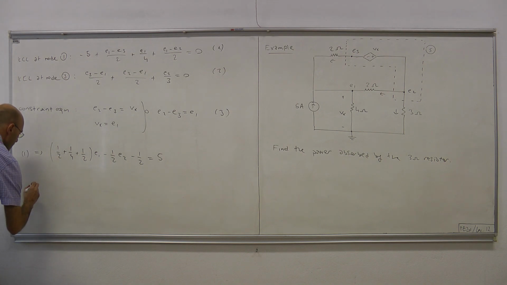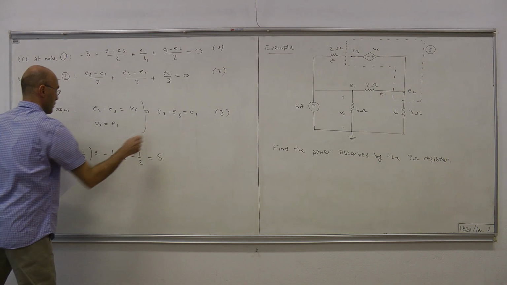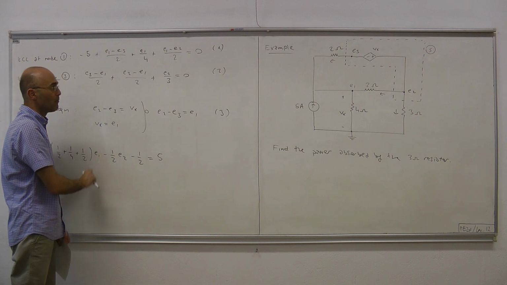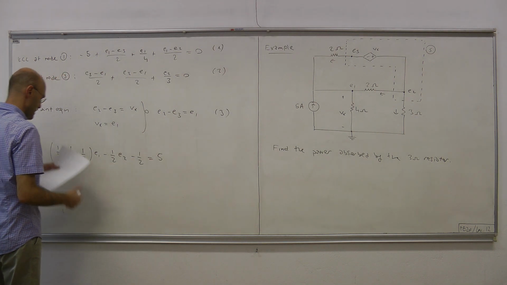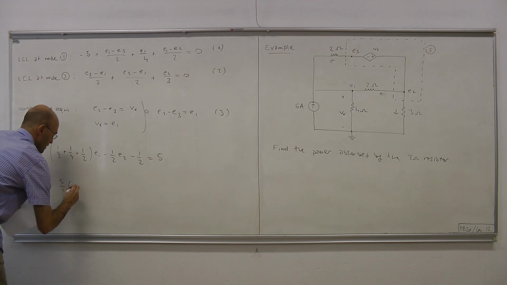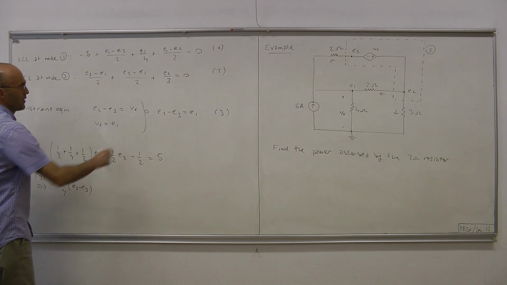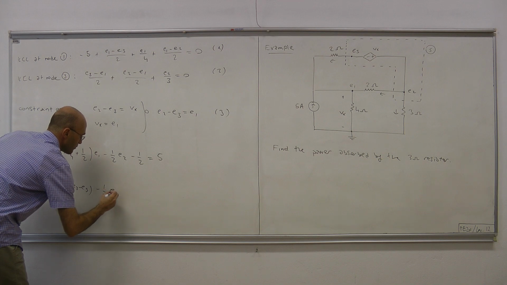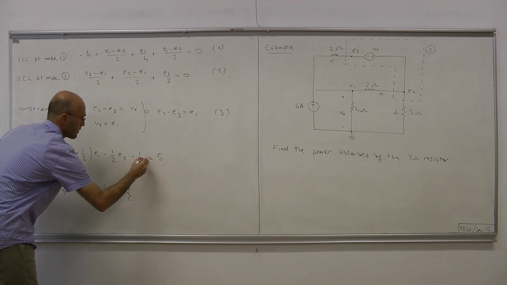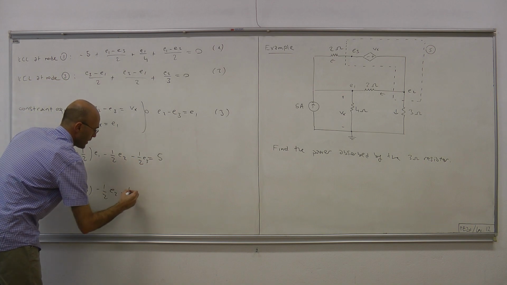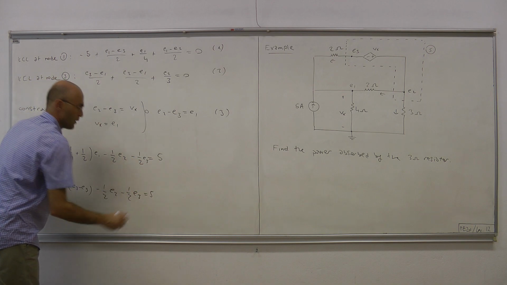Okay. Then using the third equation, we can replace this E1 by E2 minus E3. If you do that, this is what we have: 5/4, it's this sum, times E2 minus E3, because that's what E1 is, minus 1/2 E2 minus 1/2 E3 equals 5.